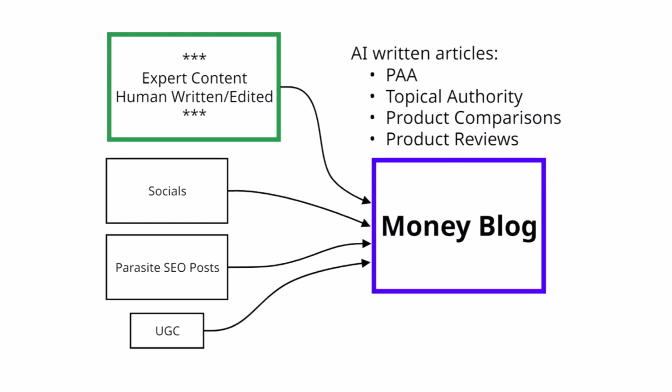The parasite SEO post. We have really seen an uptick in traffic to our own parasite posts. I use Medium articles. I use Twitter articles, and Twitter articles actually rank better than the money blog.